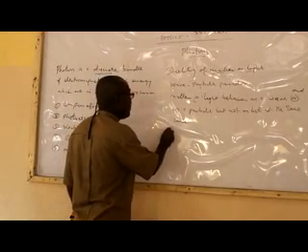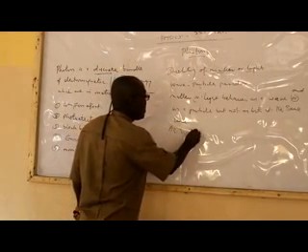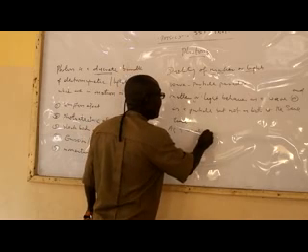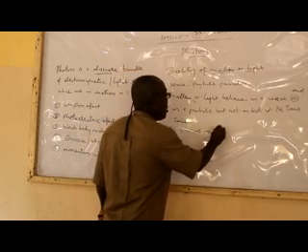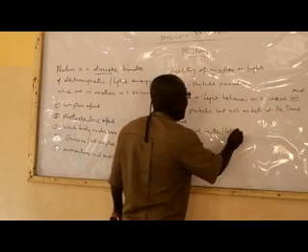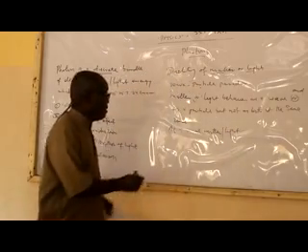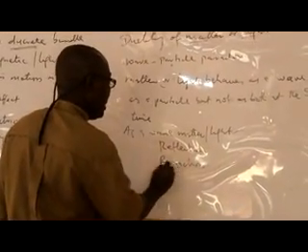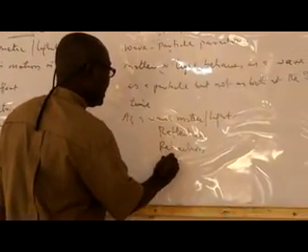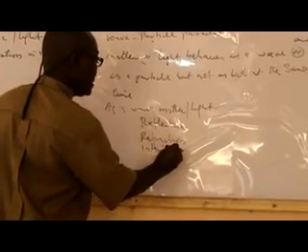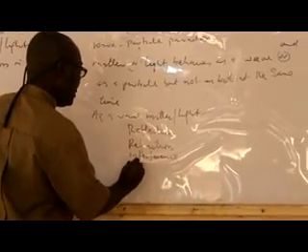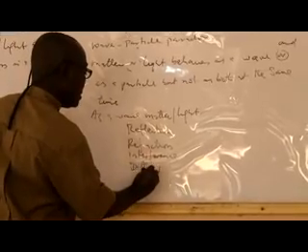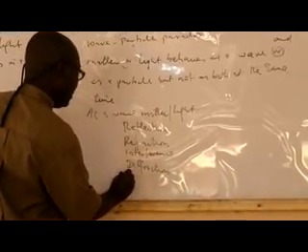As a wave, matter or light has the following behavior. Number 1, reflection, refraction, interference, diffraction, and polarization.